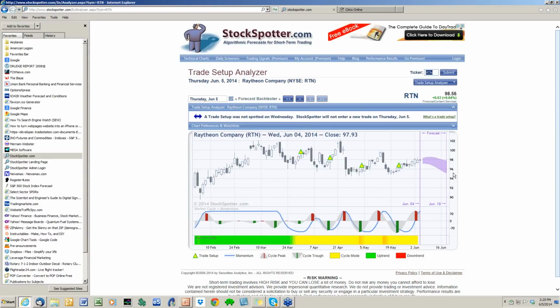The rate of change indicator. If you think in terms of a sine wave, the rate of change of a sine wave is a cosine wave.